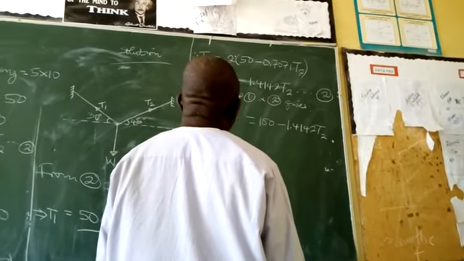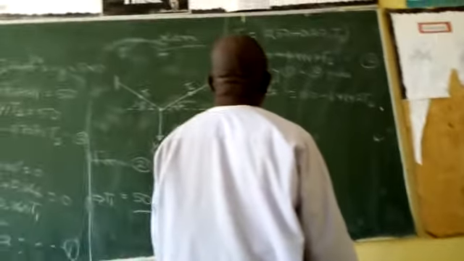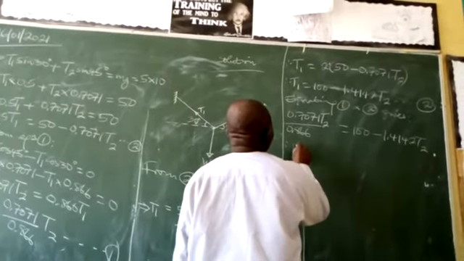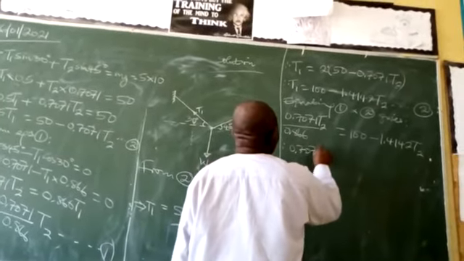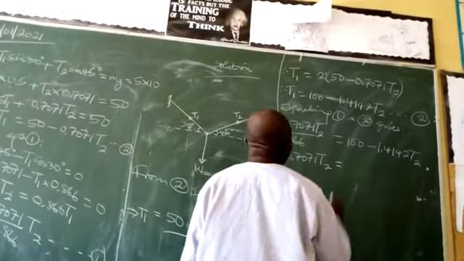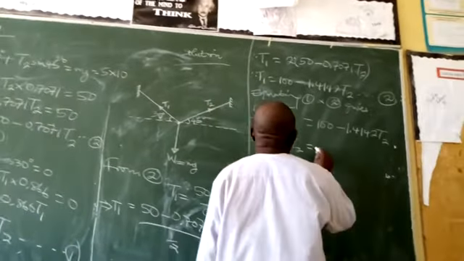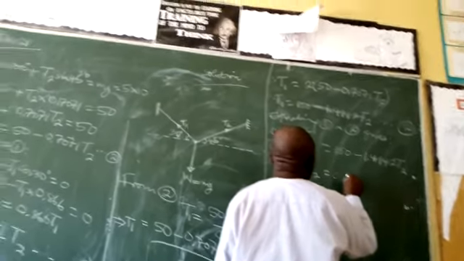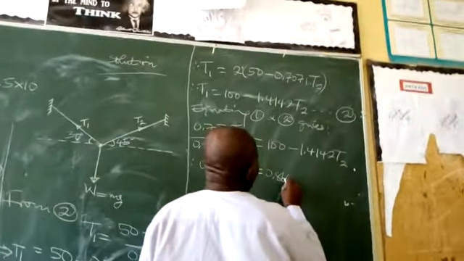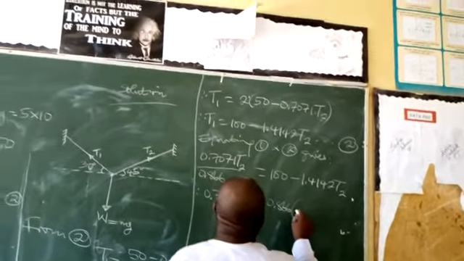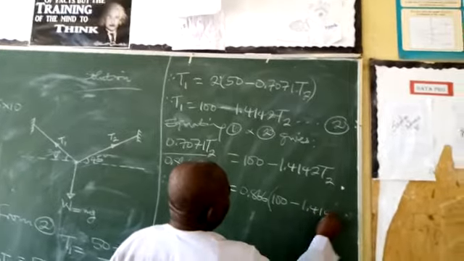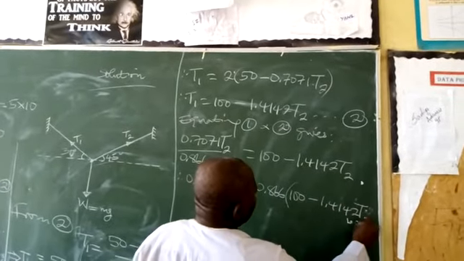So I can cross multiply. I multiply by 0.866, so I have 0.7071 T2 is equal to 0.866 into 100 minus 1.4142 T2.